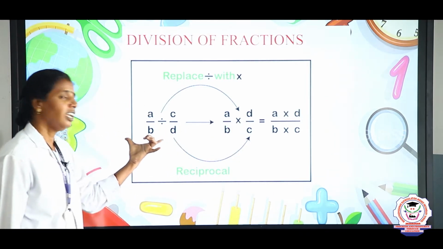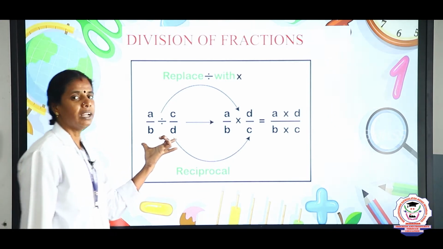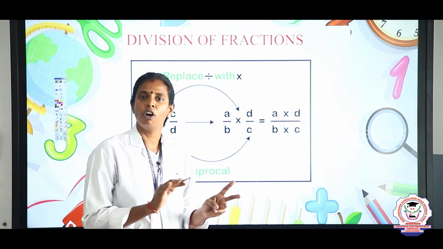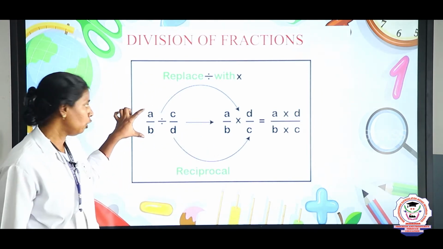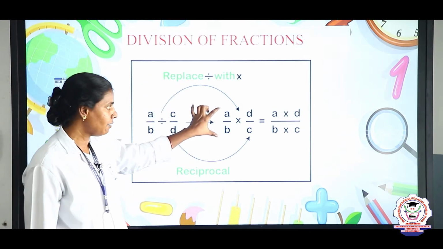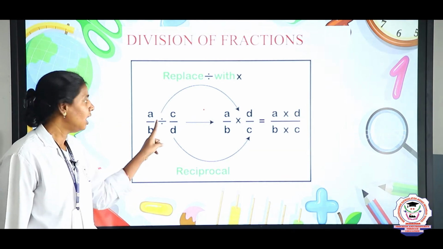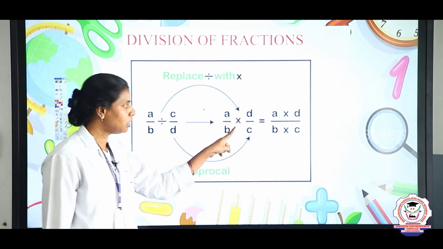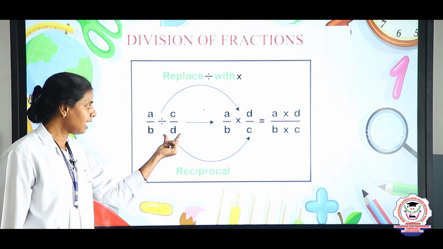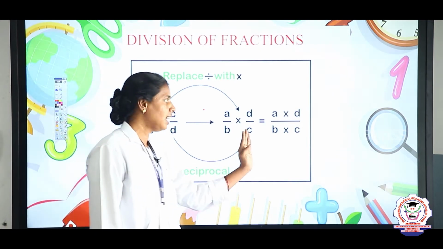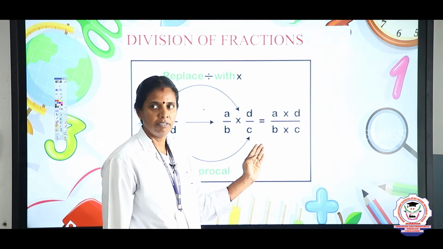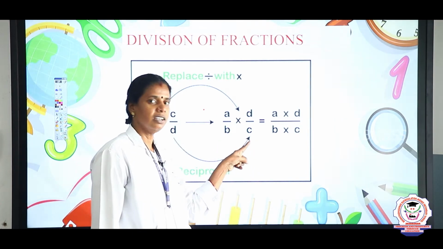Is it clear, children? If you understand this concept, it will be very easy for us to solve divisions of two fractions, okay? Again, the first fraction will be the same, a by b, the divide symbol will be replaced with multiplication, and the second fraction, c by d, will be written as the multiplicative inverse, that is d by c.